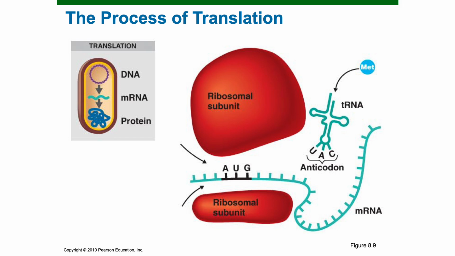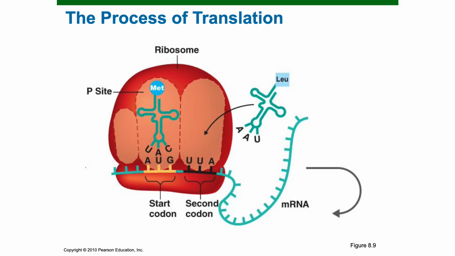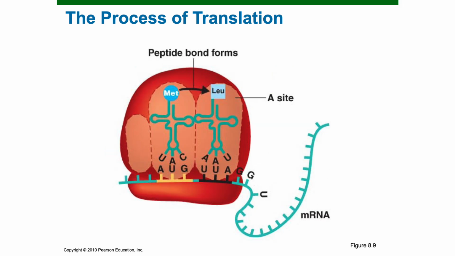And so the transfer RNA has a complementary codon on one end and an amino acid on the other. Okay, and when that start codon is recognized and the ribosome binds to it, then the tRNA binds exactly to it. And then the second codon can be any codon, and another tRNA will come in and it will have an anticodon that's complementary, and it'll bring the second amino acid.